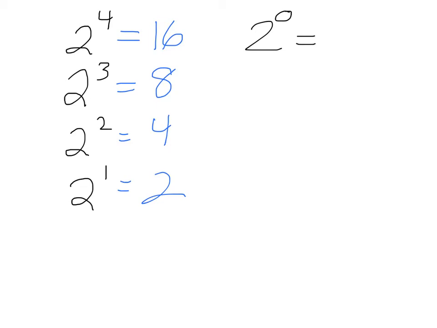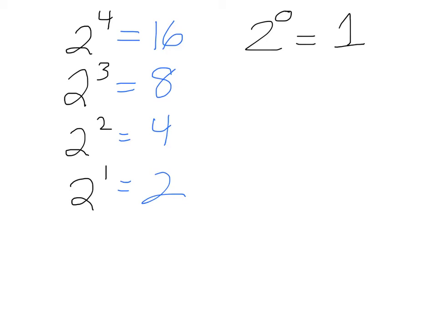In all honesty, if you do it correctly, every time the exponent decreases by 1, I've divided by 2. To go from 1 to 0 is a decrease by 1, correct? So then 2 divided by 2 is equal to 1.